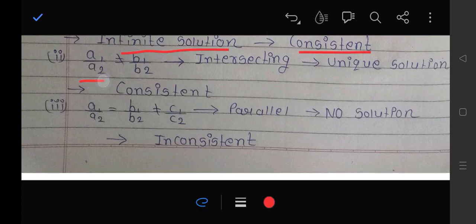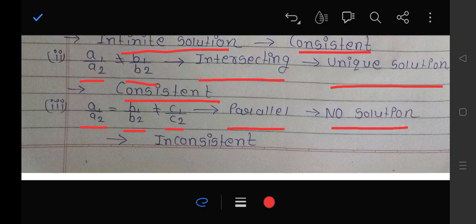If a1 upon a2 is not equal to b1 upon b2, the lines will be intersecting, with a unique solution, and consistent. If a1 upon a2 is equal to b1 upon b2 is not equal to c1 upon c2, the lines will be parallel, with no solution, and inconsistent.